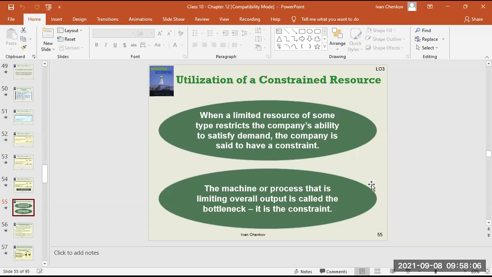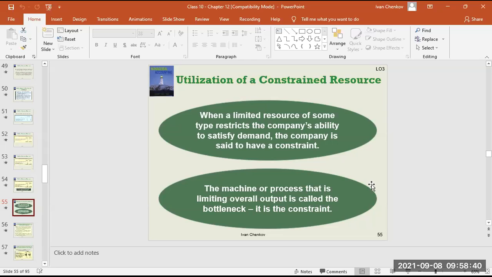The next thing that is important for decision making is how we utilize the constraints. When we have limited resources, and you're always going to have limited resources in your life, sometimes there is a restriction on the company's ability to satisfy demand. You have to understand there's no resource in life which is unlimited.